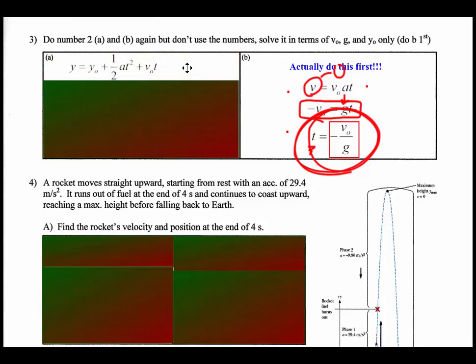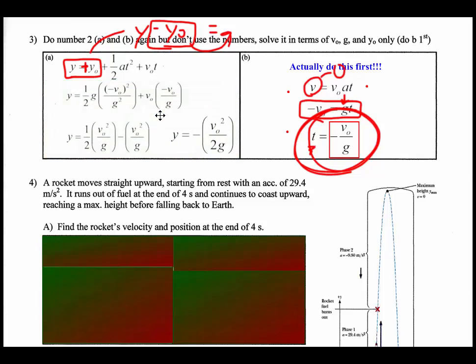Using what we were doing before, remember that this essentially was the change in position, because the change in position would be the final position minus the initial position. And so we took this negative initial position and moved it to the other side of the equation, which is why it's now a positive initial position instead of negative as it was shown in the equation. Hopefully that makes sense.